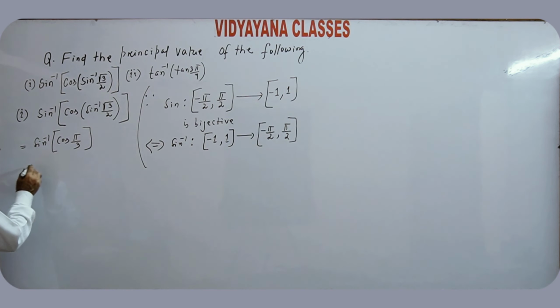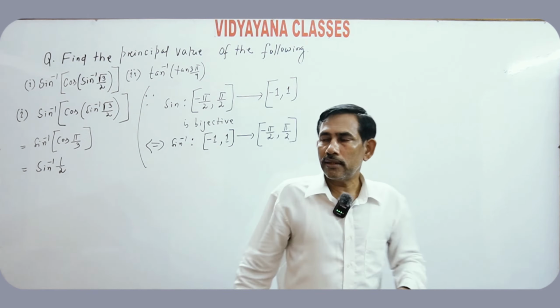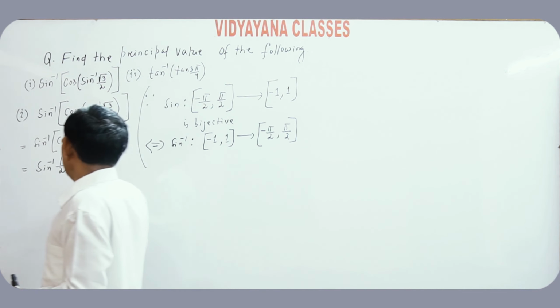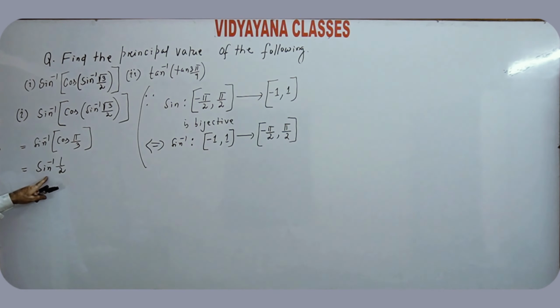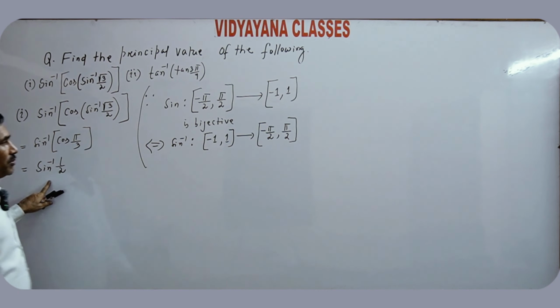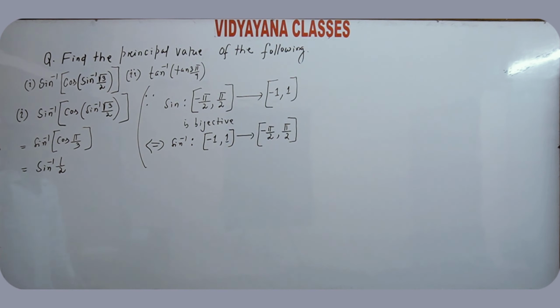Cos 60 degree is half. Now it represents a radian angle. Which angle belonging to this set has the value half?